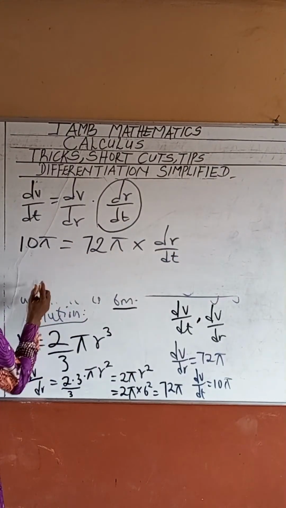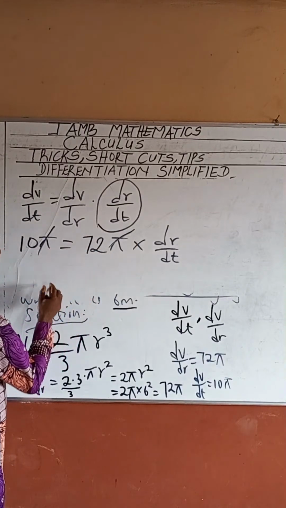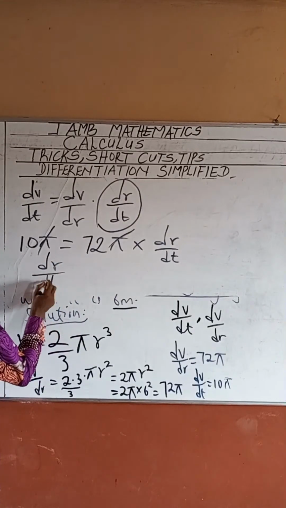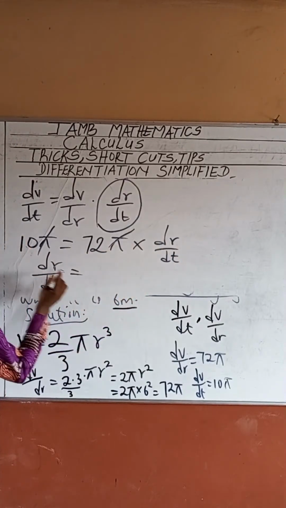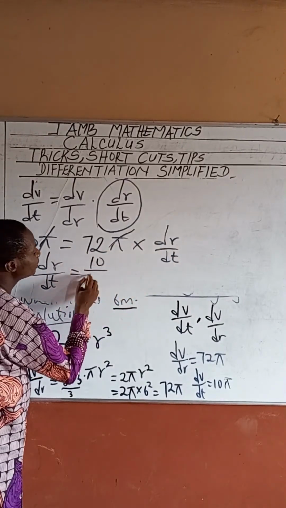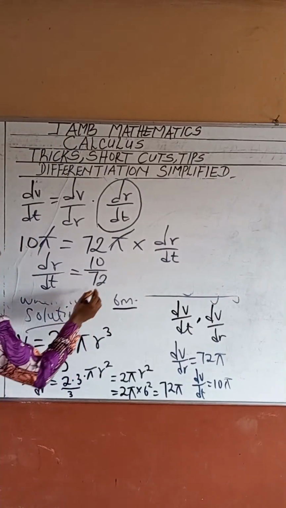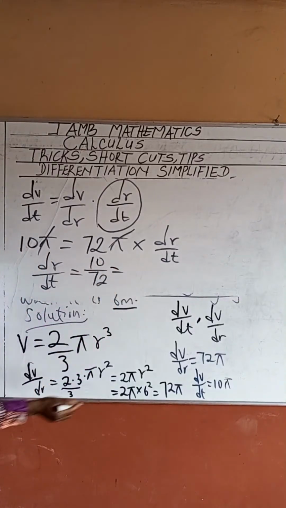So we are going to divide. Which means we have dr/dt will now be divided by this. It becomes 10 divided by 72. So we can reduce to the lowest term to get our final answer, right?